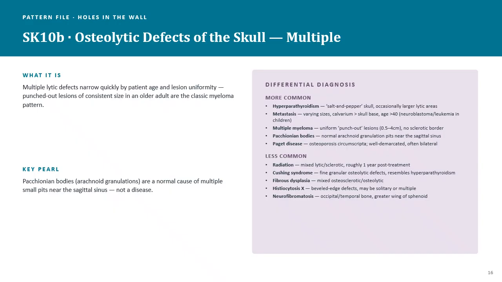So again, the main thing with this one is we're seeing multiple lesions versus on the last defect, the osteolytic defect, we were talking about a single or solitary one. All right, so again with these lesions, we're typically going to be looking at age. This typically is going to be seen in our older patients. And with this also, the doctor might start to lean toward multiple myeloma.